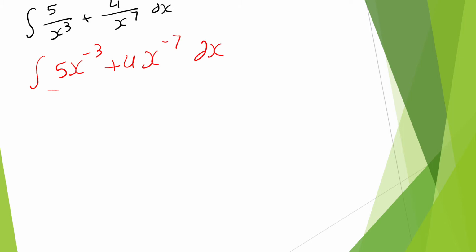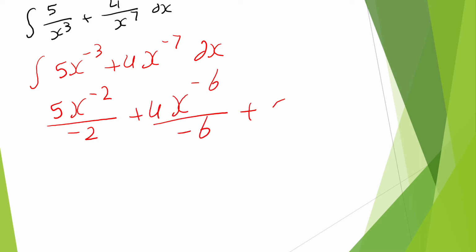Now you can integrate normally: adding 1 to the power of -3 gives -2, divided by the new power, and x to the -6... adding 1 to the power divided by the new power, plus 6. You can simplify and rewrite it as a positive power.